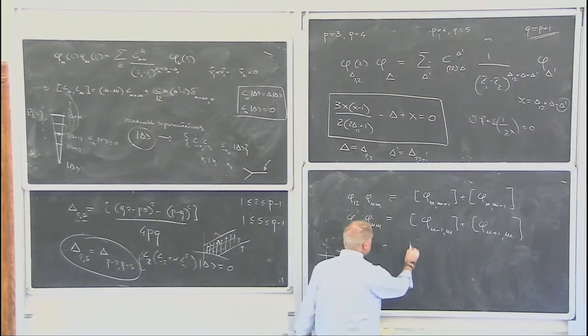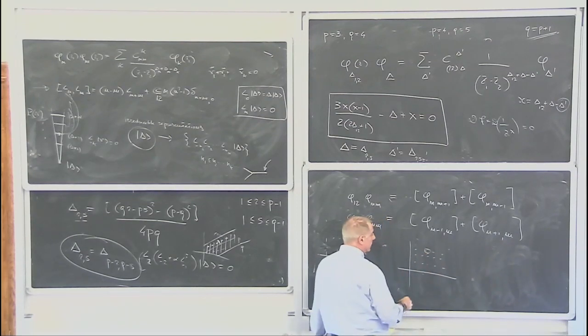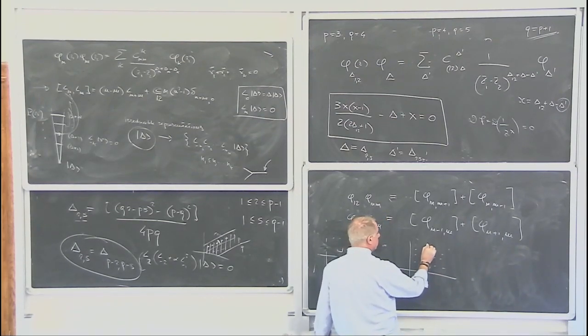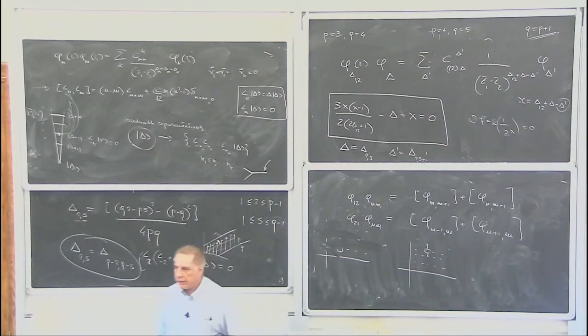So this means that if you take any fields which are degenerate and you make the operator product expansion, you move like this. I think you understand where I'm heading to.